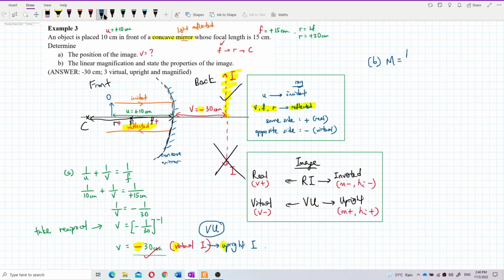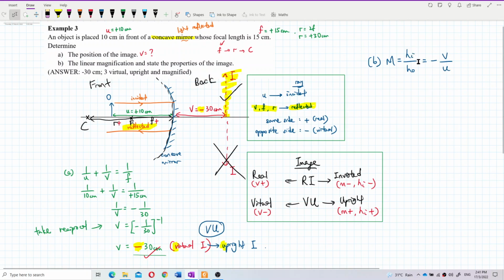Magnification is height of image over height of object, or we can use the other formula, negative image distance over object distance. I think we use negative V over U, because we have the V and U. We don't have the height of image or height of object. We use the formula negative V over U.